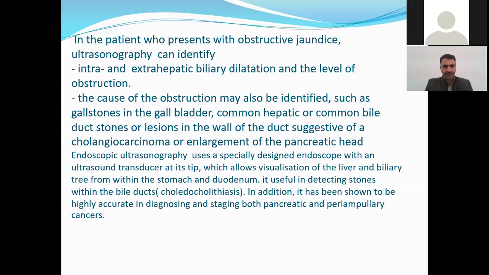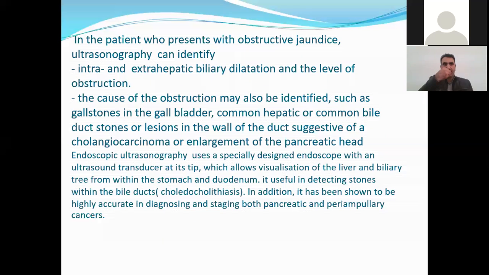There is another modality of ultrasound called endoscopic ultrasonography, usually a specially designed endoscope with an ultrasound transducer at its tip, which allows visualization of the liver and biliary tree from within the stomach and the duodenum.